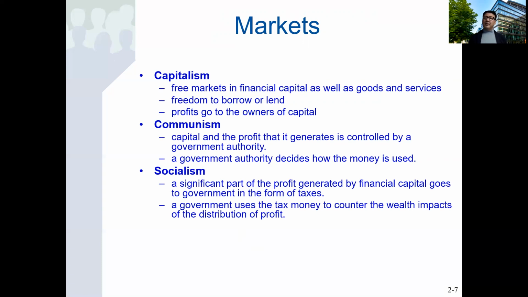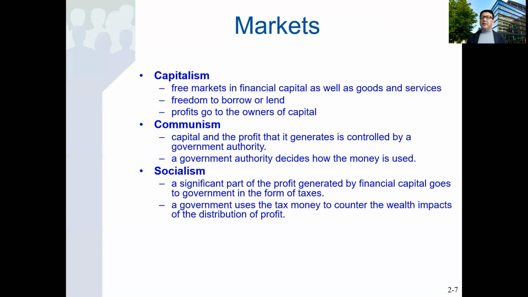If you look at a lot of industries, there are many elements of socialism and communism, where the price is controlled by the government, and the capital and profit it generates are controlled by the government.